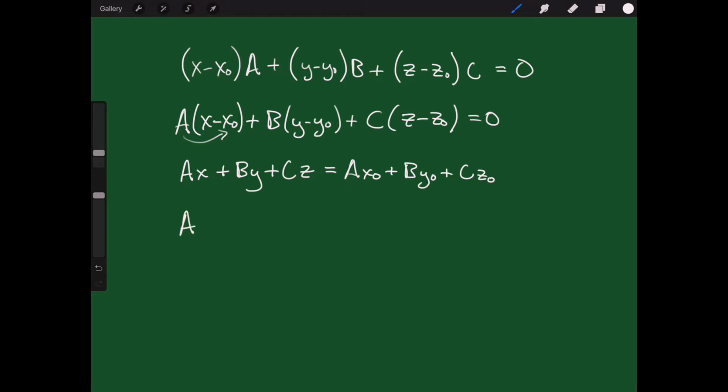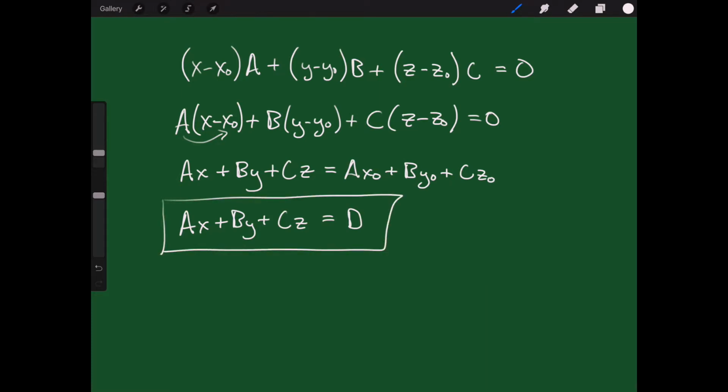Also, what a lot of people will write is something like this: ax plus by plus cz is equal to d, where d is just a constant, because remember x0, y0, and z0 are just constants as well. So this would be the general form of a plane, as would this.